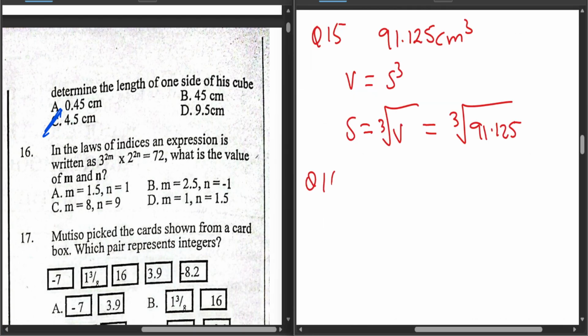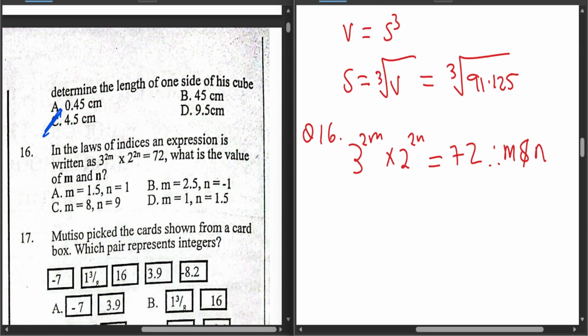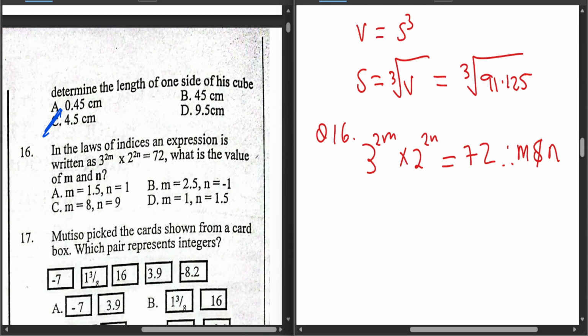Question 16. In the laws of indices, an expression can be written as 3 to the power of 2m times 2 to the power of 2n is equal to 72. What's the value of m and n? Very, very easy. Now 72.